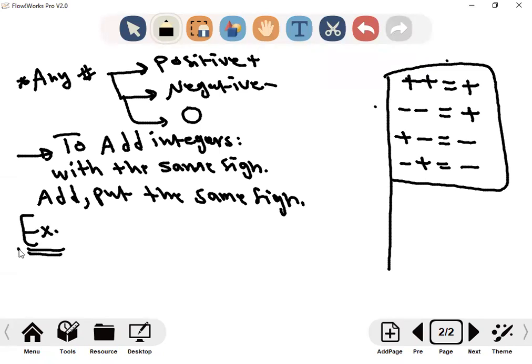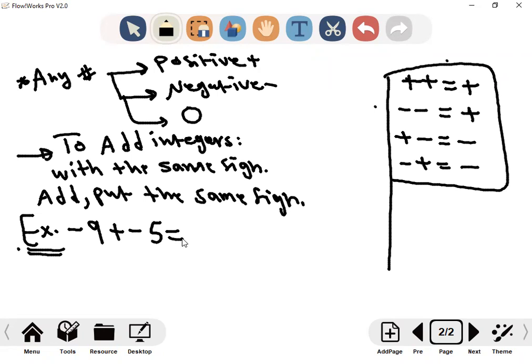For example, if I want to add -9, it's negative, right? Plus -5. Now, what is the sign of the 9? Negative. But what is the sign of the 5? I have two signs in front of the 5, right?